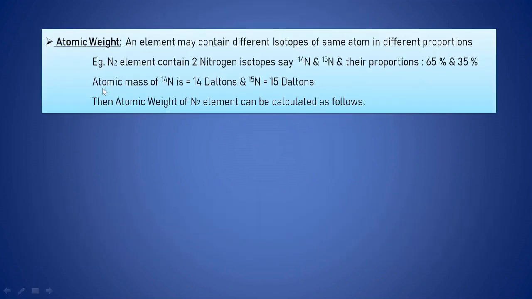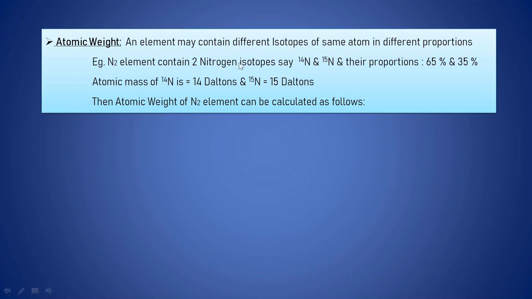Whereas for atomic weight, an element may contain different isotopes of the same atom in different proportions. So atomic weight is always calculated for an element. What is an element? An element is a group of similar atoms. For example, nitrogen N2 is an element.